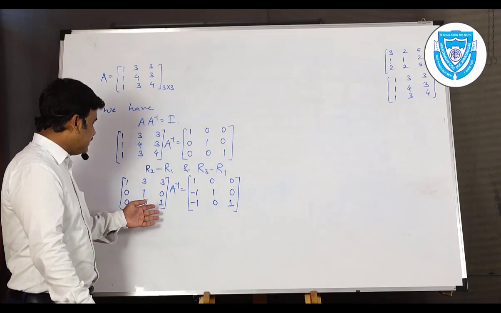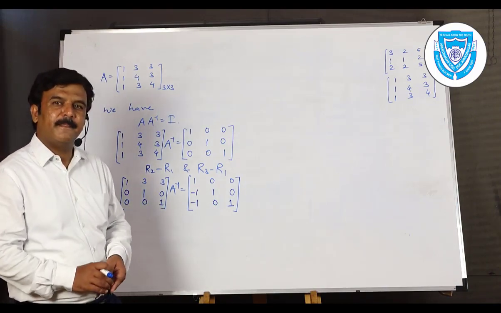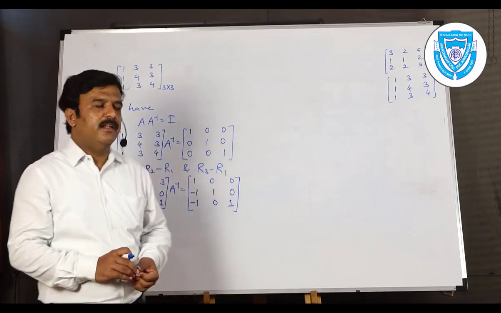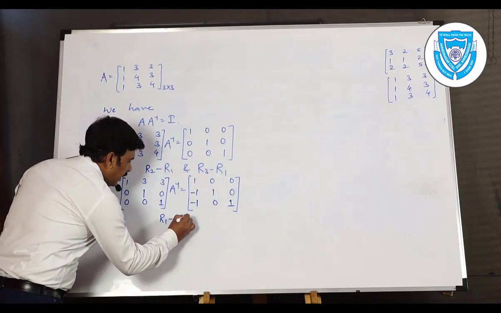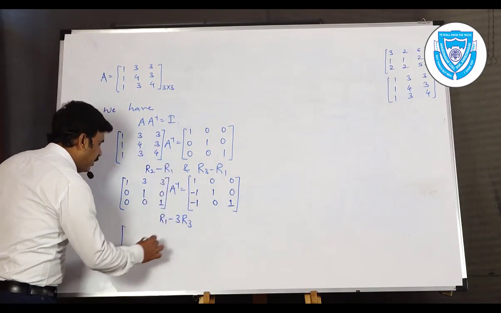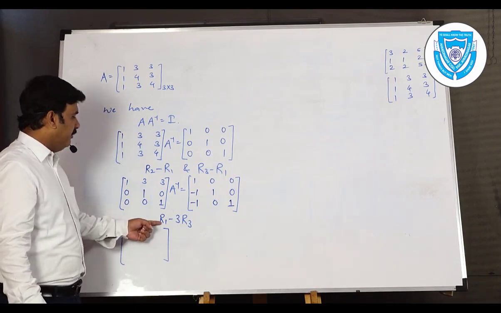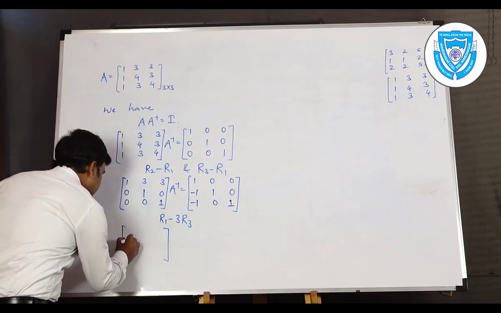Now can you guess which operation we can perform at the left hand side? Yes, of course you are right. We can perform R1 minus 3R3. As we are performing the operation on R1, the second and third row will remain as it is. So let us write them as it is.